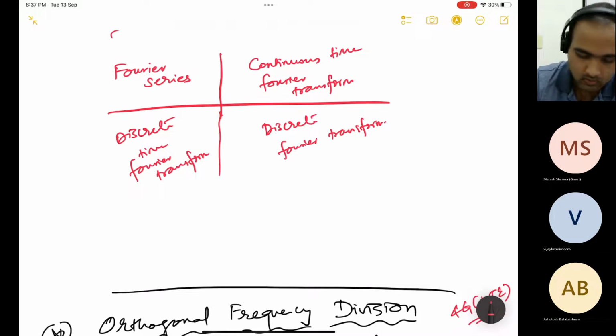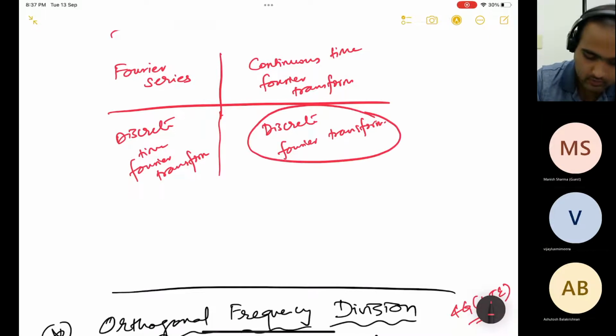When you have the discrete Fourier transform, our time domain is discretized as well as the angular domain is also discretized.